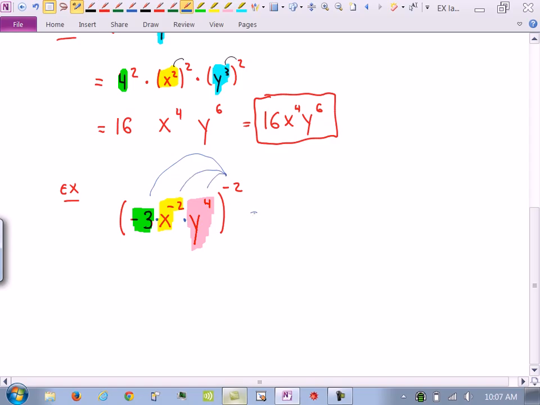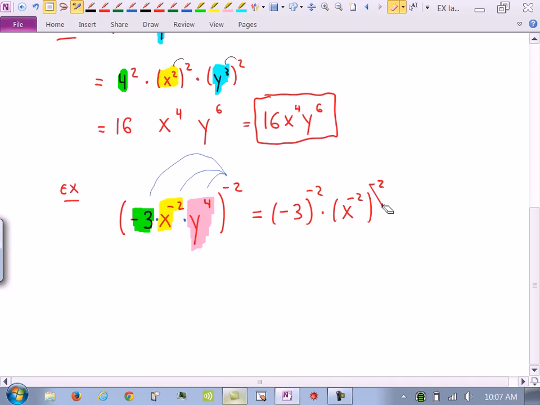So who wants to help me out and tell me, just by speaking, what I should write next? Okay, -3 in parentheses, good. Raised to -2, good. X to the -2 in parentheses again, like that. Raised to -2 again.